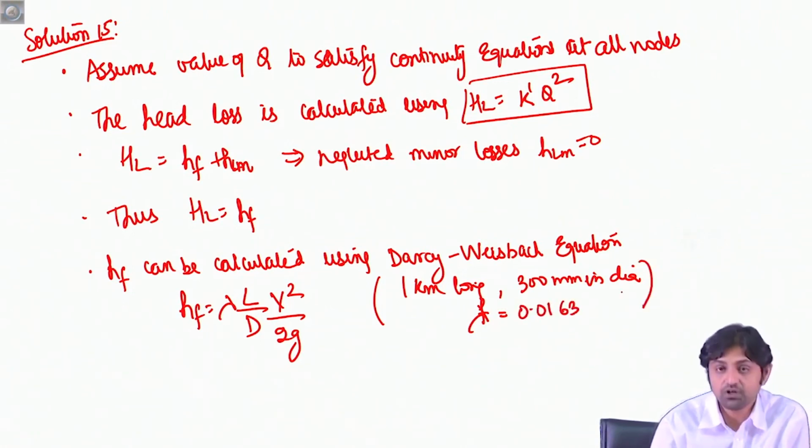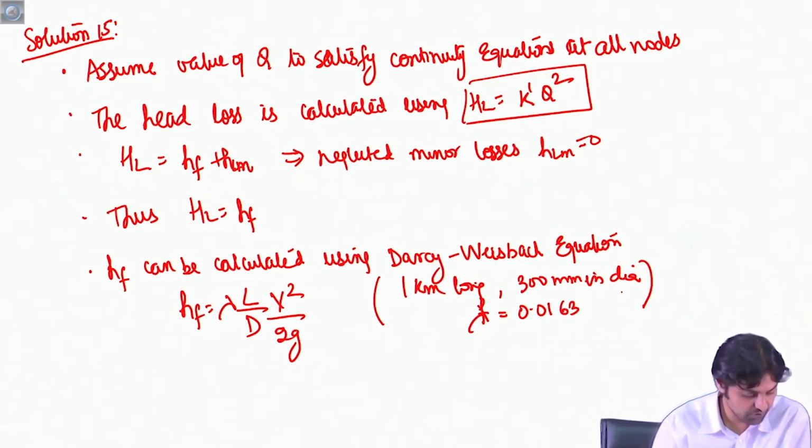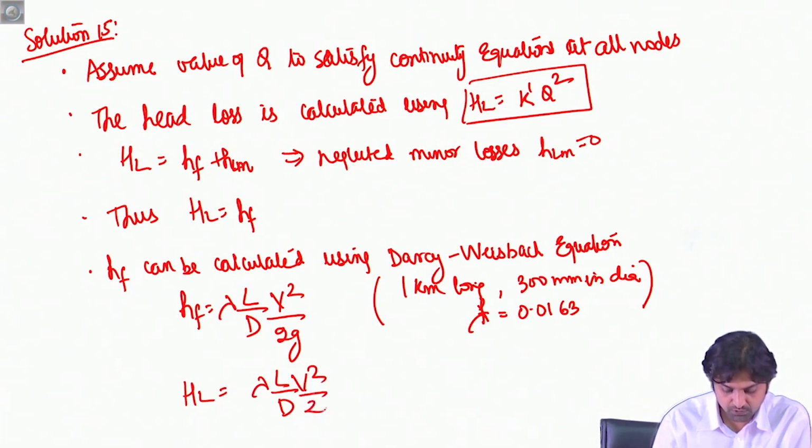Lambda or F, whatever you want to call it. This we have already seen. So, the total head loss is lambda L by D V square by 2G.